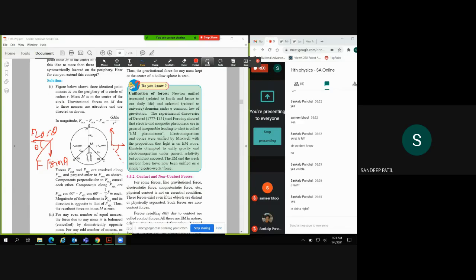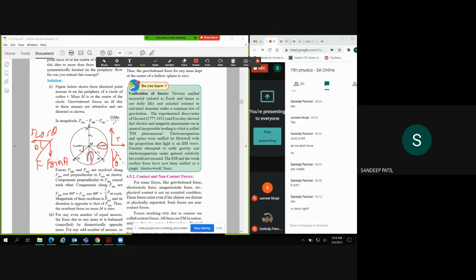They have taken theta in this direction. This is theta for them, or 60. So FMC sin 60 will come along this force, and FMC cos 60 will come along this force, right? So we resolve the FMC. Similarly, if you take FMB, it will have two components.